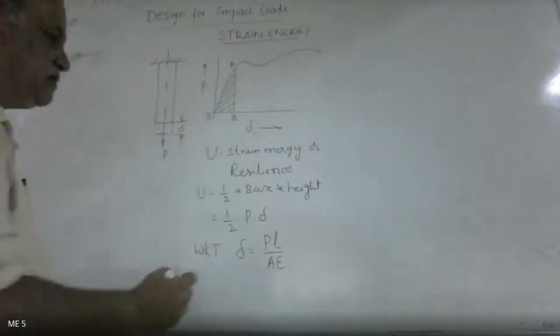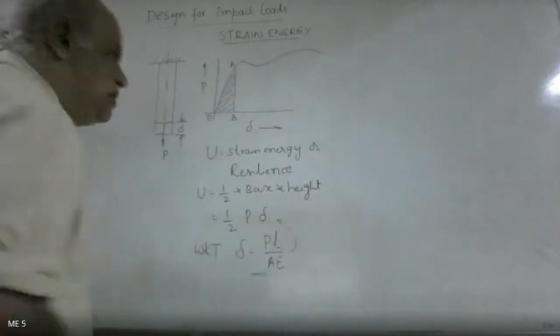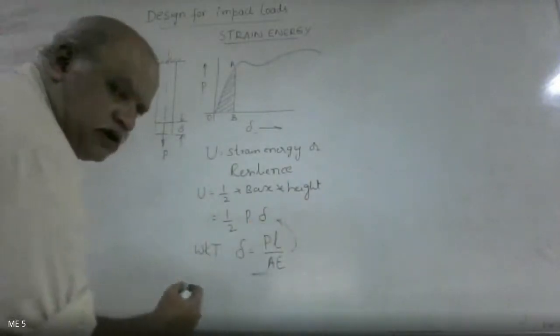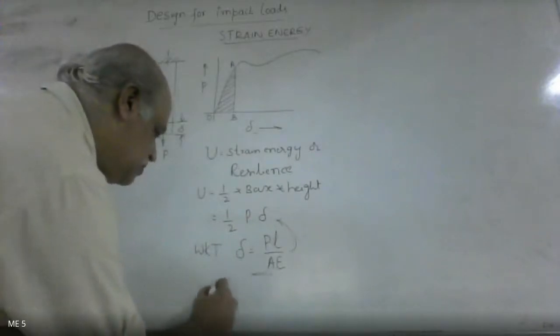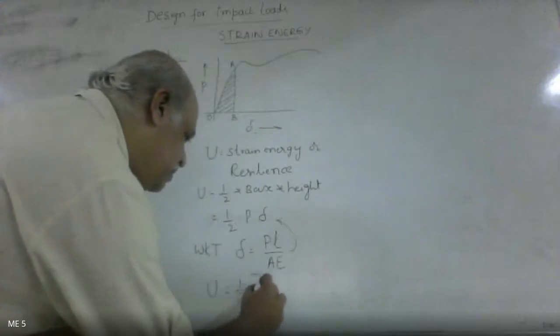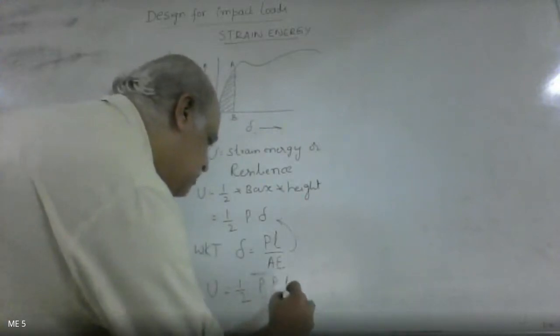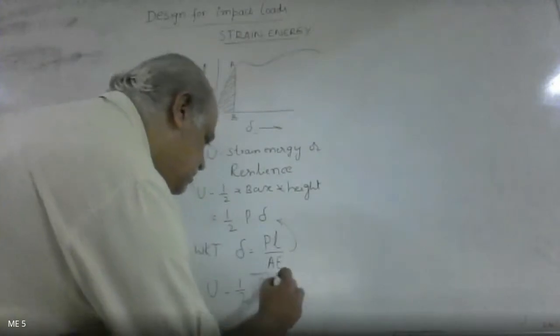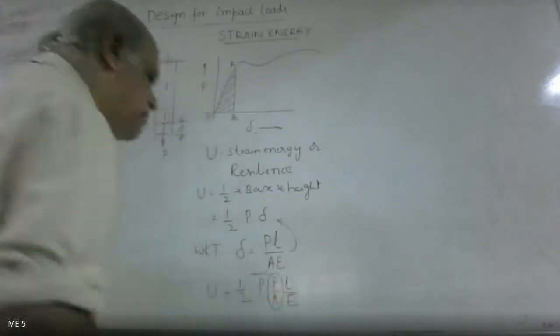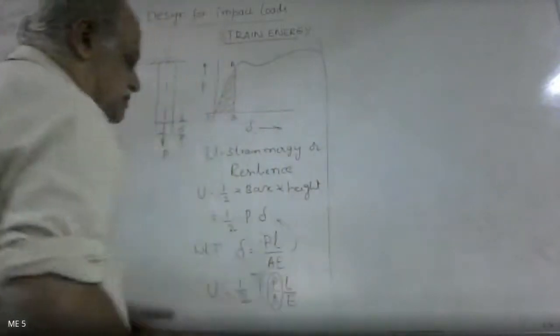Now I substitute delta equal to PL by AE into this expression. So U is equal to half P into P by A into L by E. Now this P by A is nothing but the stress sigma.